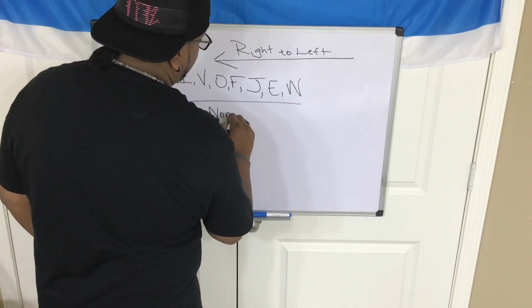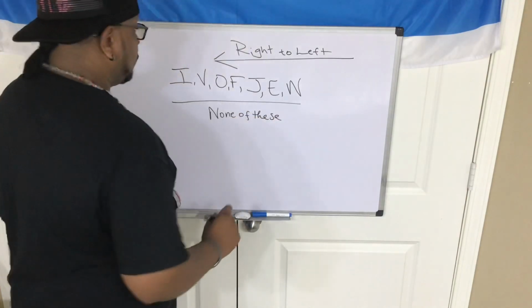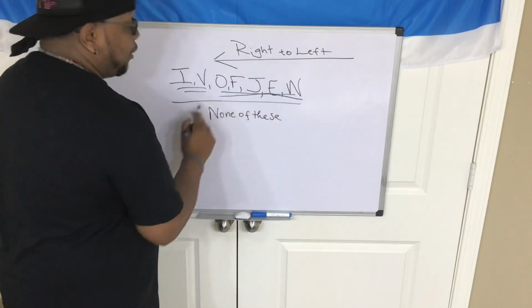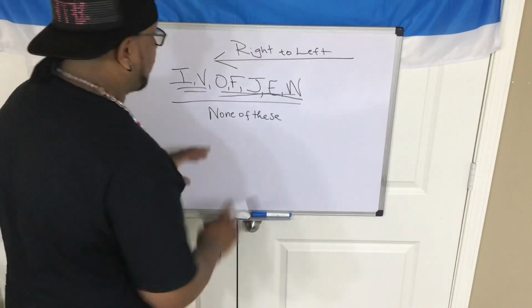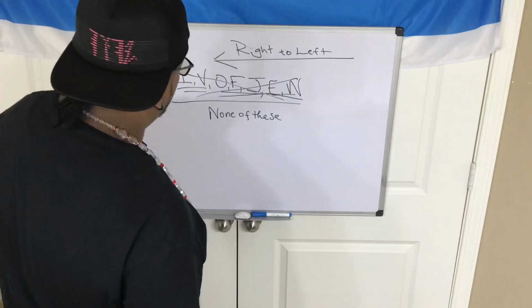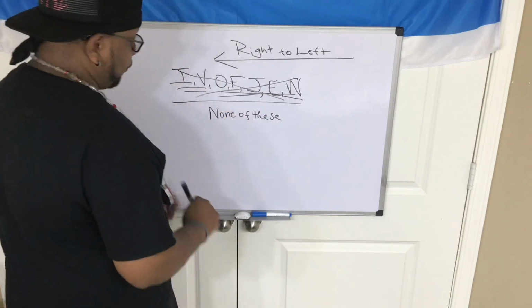None of these. No I, V of Jew. Just remember that. You don't get none of that. So this is gone. No I, V, O, F, J, E, W in this tongue.